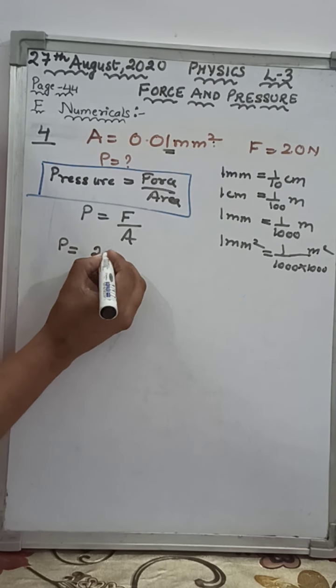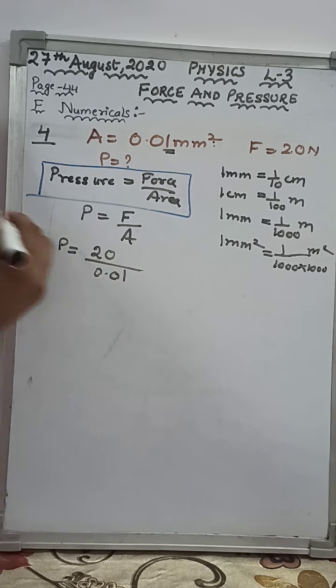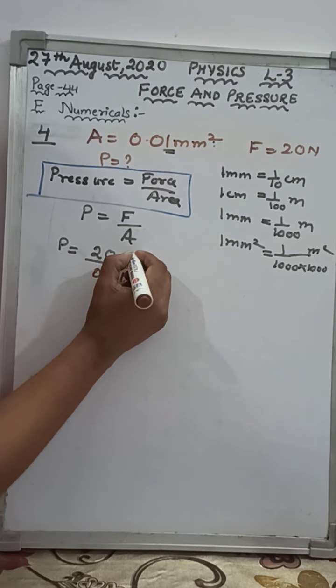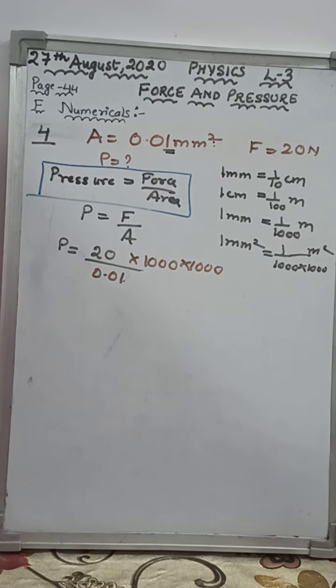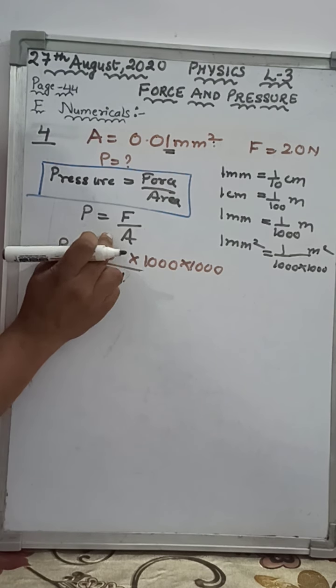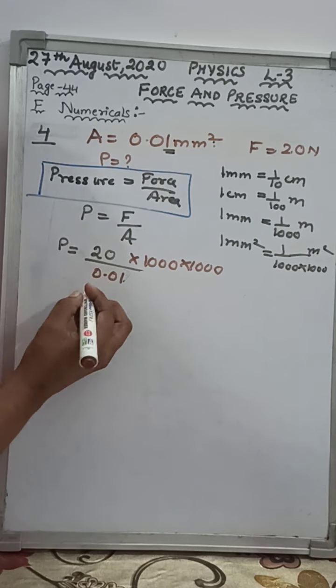F is 20 Newton. Area is 0.01. Now we will change it from millimeter into meter. So what you will do? You will multiply this in the numerator. Now you must be thinking why the ma'am is multiplying. Actually this value is in the denominator. Now we will divide it, so this will go in the numerator.